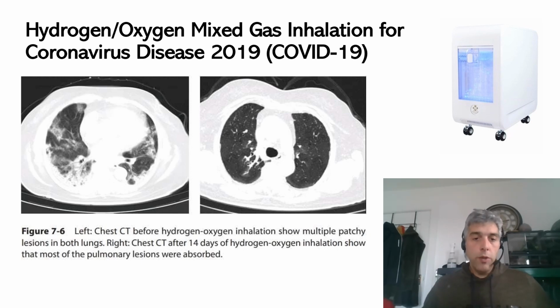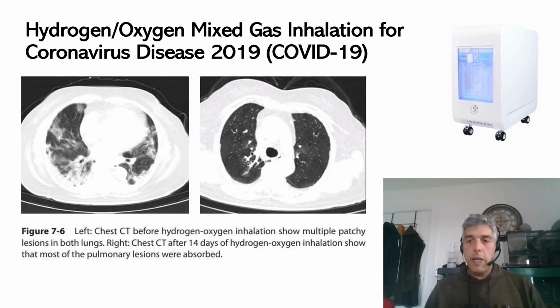These are patients in the hospital. You can see on the left-hand side lots of cloudy lesions in the lungs, and on the right-hand side these lesions being absorbed. And that's using this machine, which is a Type 2 device approved in China now, so they've got it in hospitals in China.